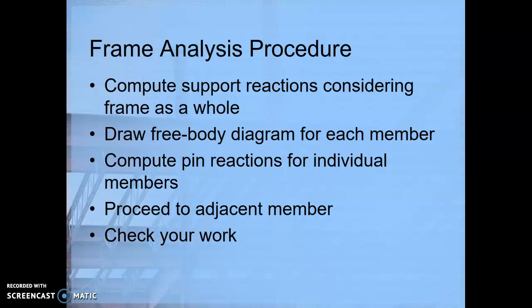So after analyzing one individual frame member, we might need to move on and still have a few of those forces unknown. But eventually we will find the key piece of information that will allow us to go back to that previous frame member and essentially fill in the blanks. And then eventually we will complete the analysis, and just like with truss analysis, we will be able to check our work. We'll be able to look at the overall forces and make sure everything is canceling out as it should due to static equilibrium.